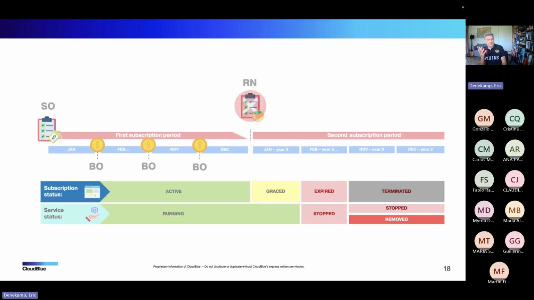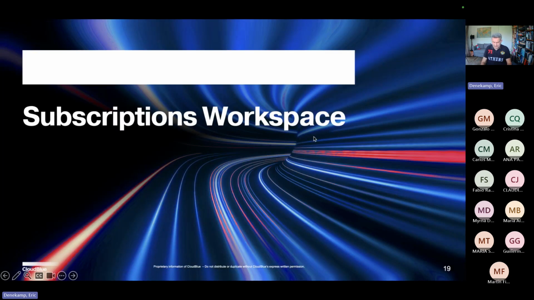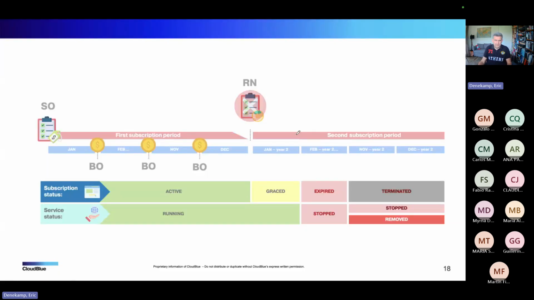So this is where we end up eventually. Of course, the second subscription period that it shows here, I don't know why it's there. There is no second subscription period, because there is no renewal. So we go to grace, we go to expired, we go to terminated.